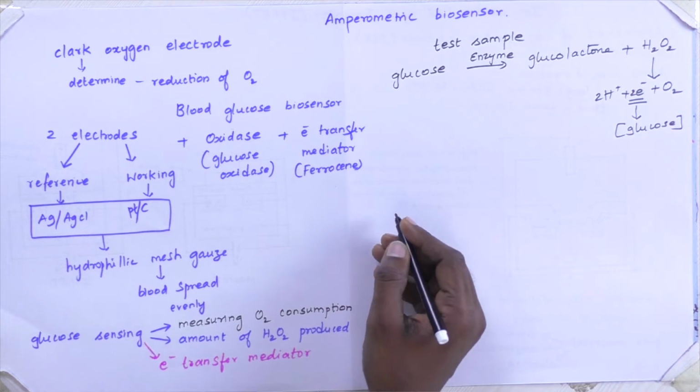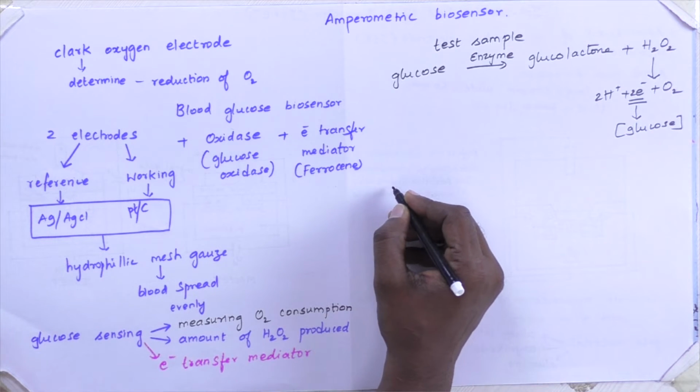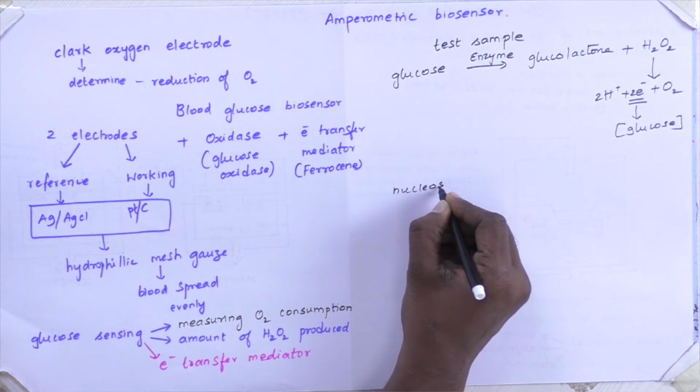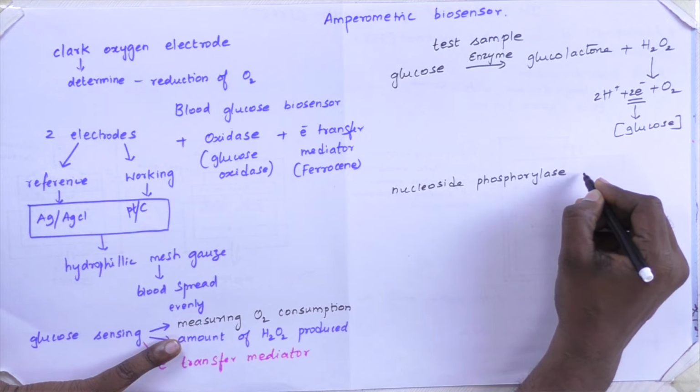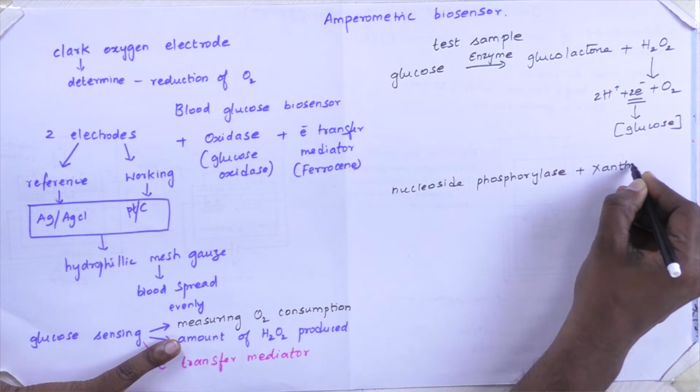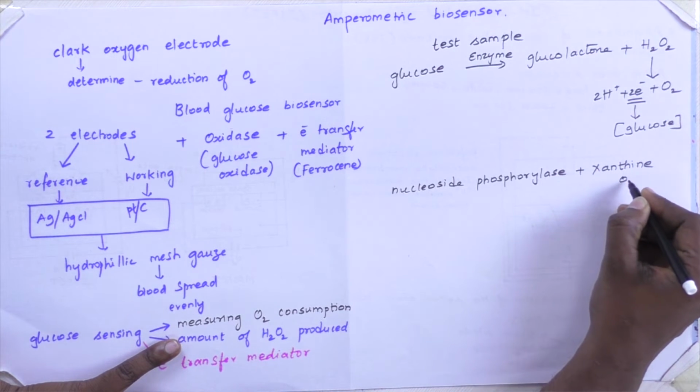Using amperometric biosensor, not only can we sense the glucose molecules or measure the glucose molecules present in blood, we can also check the freshness of a fish. For this purpose, a biosensor is immobilized with nucleoside phosphorylase and xanthine oxidase.